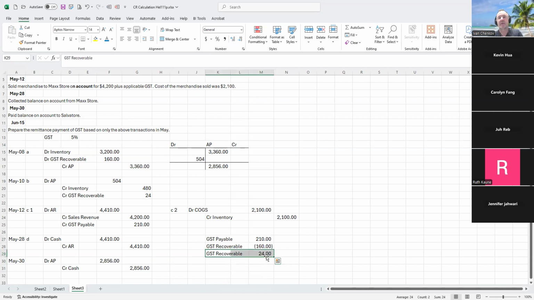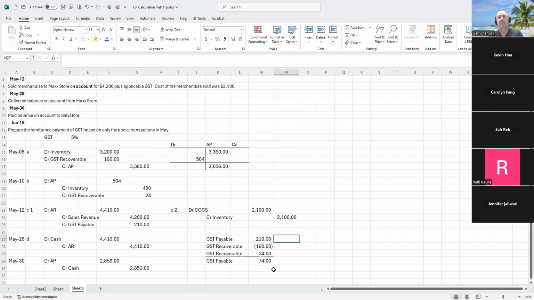Oh, we owe the GST. So GST payable will be all this calculation. Correct? Now we know what we have to do.